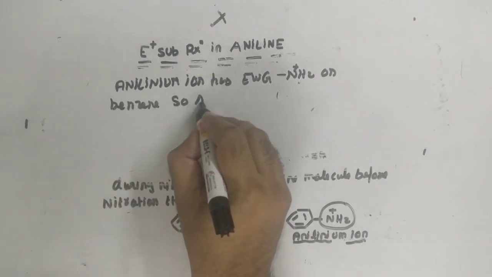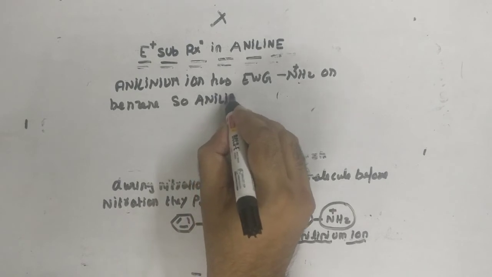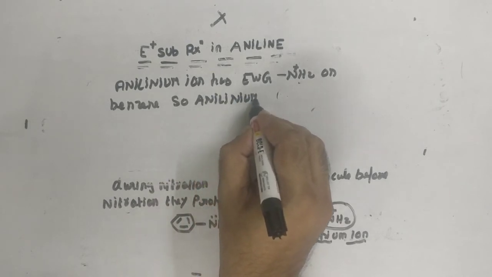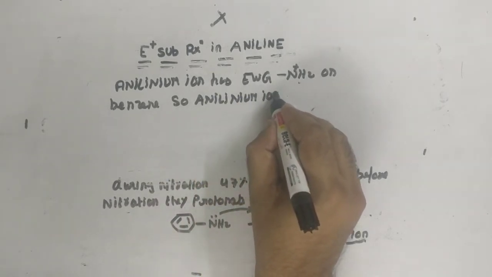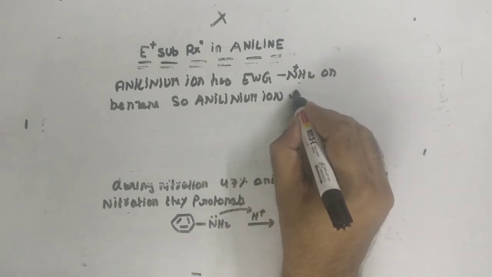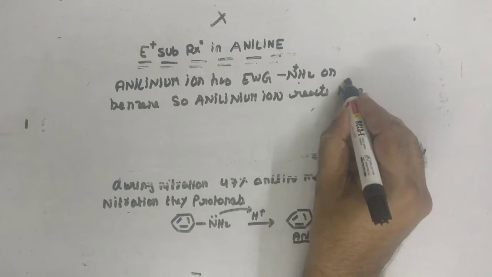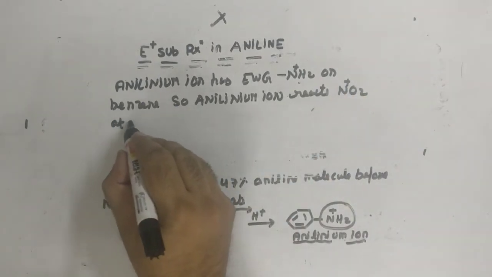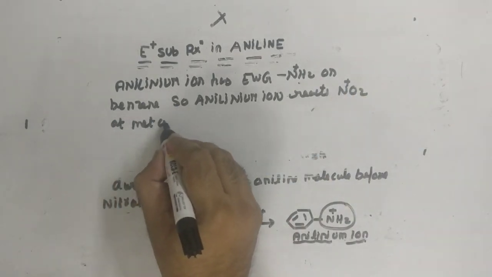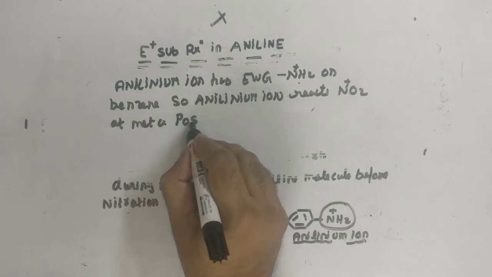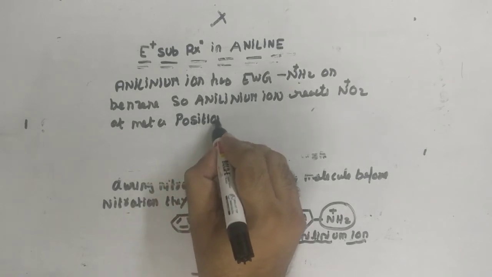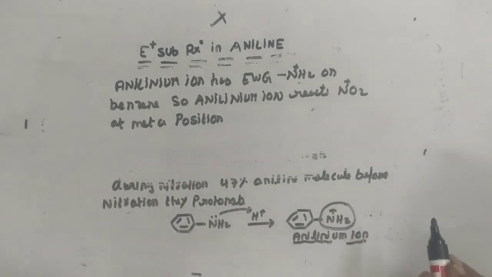So anilinium ion reacts with NO2 plus, the electrophile in nitration, at the meta position. And those aniline molecules which don't undergo protonation straight away react with the electrophile. They are going to give ortho and para product.